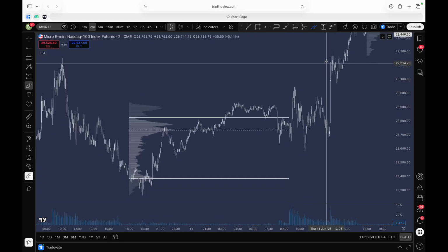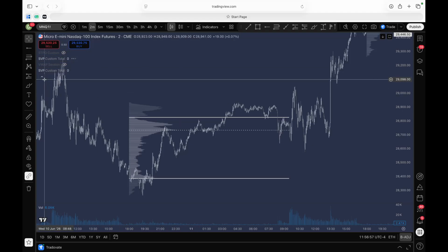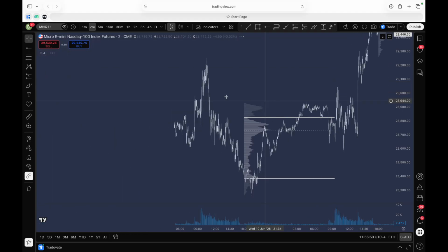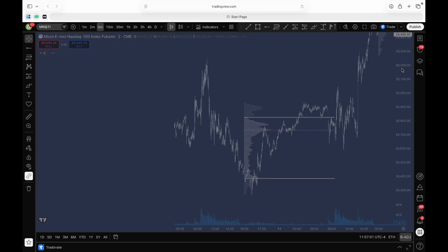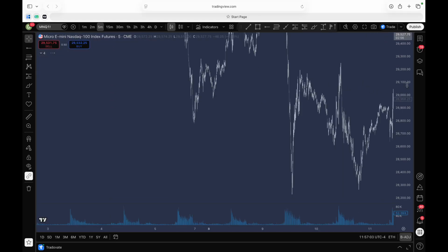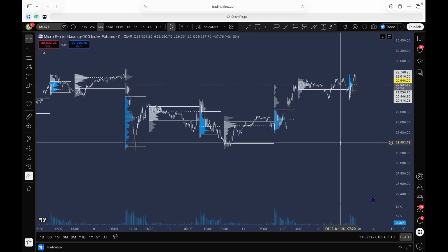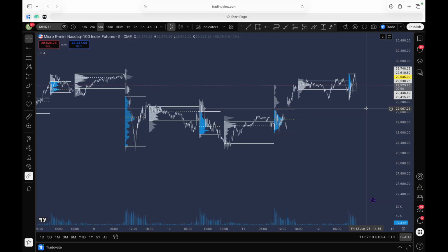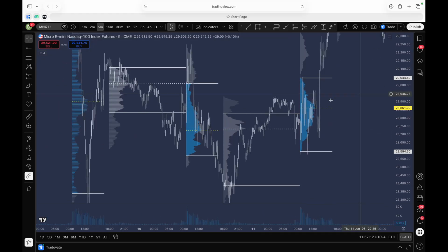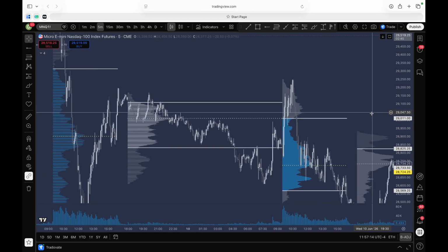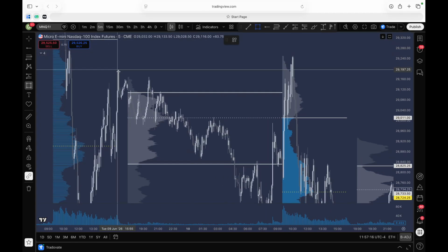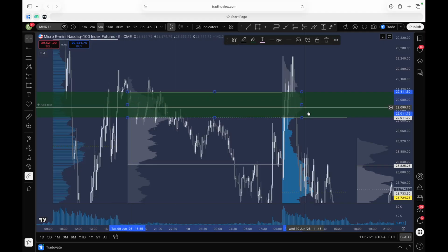Okay. Another thing that a lot of people do, and I like to do as well, is combine confluences. Okay. So I don't know if there's any good examples. Let's see. Okay. So if you look at right here, okay. So you have the point of control overnight, you have an overnight high. Okay.